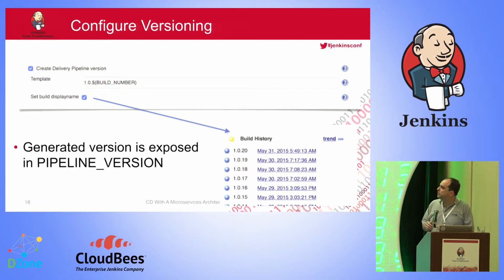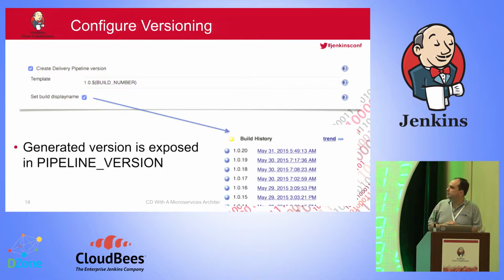So in this first job, I'm going to have the delivery pipeline version option selected, and I can put in a template there. Here I'm making my template 1.0.build number. So I'm taking the build number from the Jenkins job execution and making it part of my version number for my software.